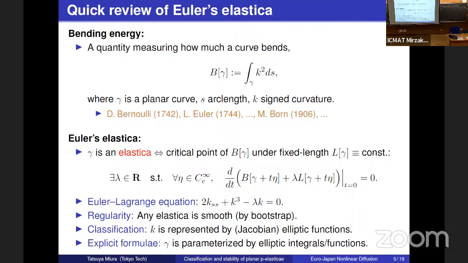And by using this condition, we can derive in a standard way the Euler-Lagrange equation, which is given by just a second order ODE for the curvature, which can be solved by Jacobian elliptic functions explicitly. So any elastica is regular, and also k can be expressed by Jacobian elliptic functions. So we have a good classification, and also we have explicit formulae even for the curve itself in the Cartesian coordinates. Okay, and this is well known.